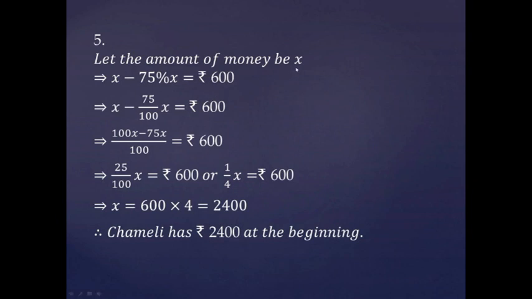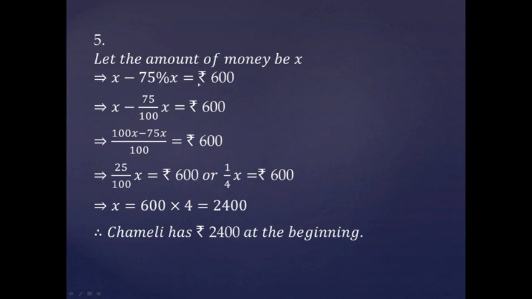So let the amount of money be x. From the whole money she has spent 75%, means from the whole money we have to subtract 75%, because 75% is the amount that she has spent.